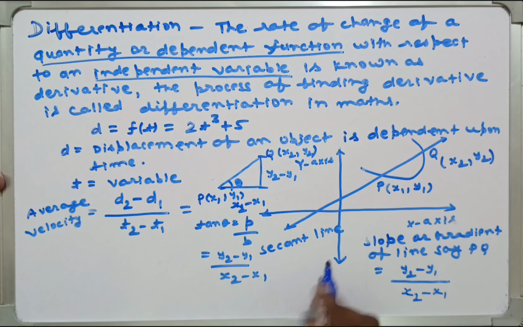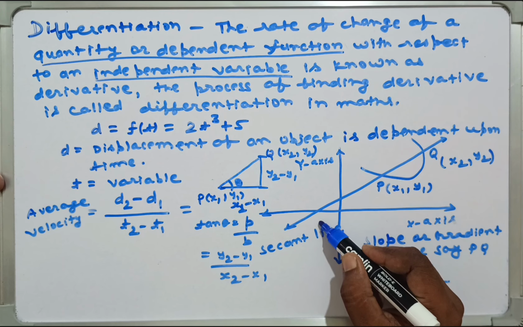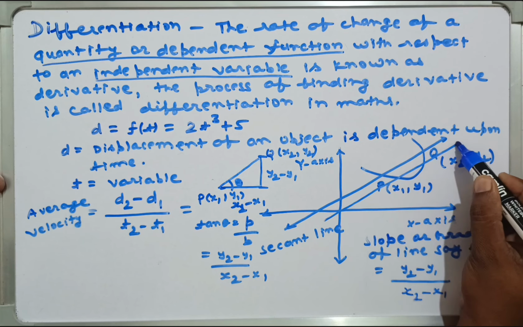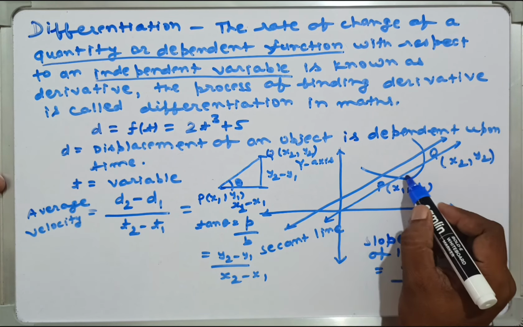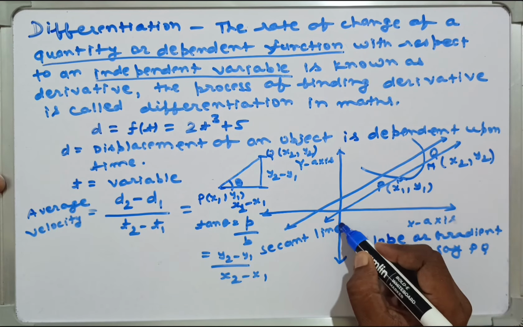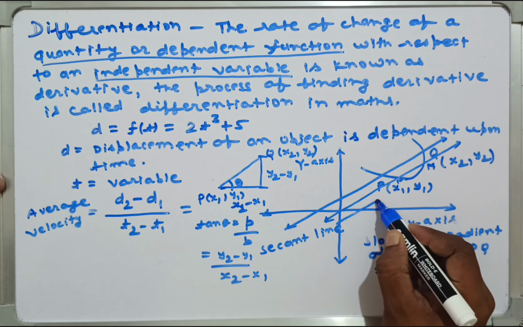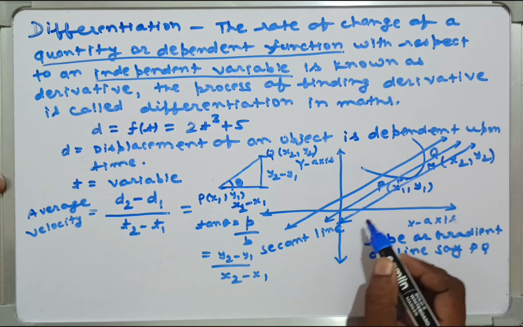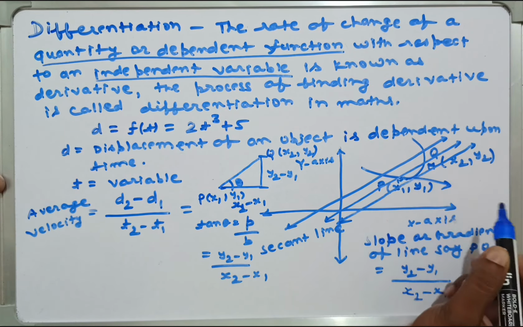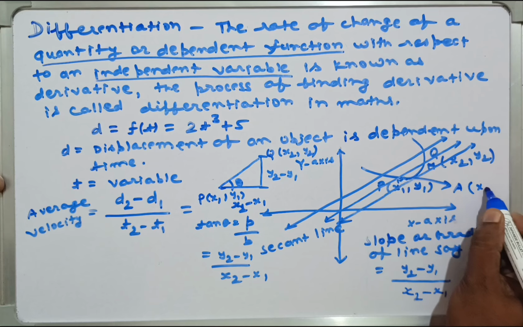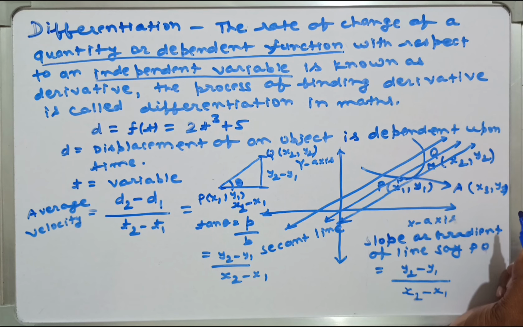Suppose this secant line again cuts this curve at two points, say M and N. Now suppose the secant line just touches the curve at a point whose coordinates are x3, y3.